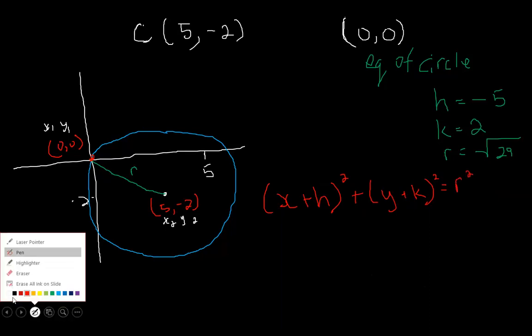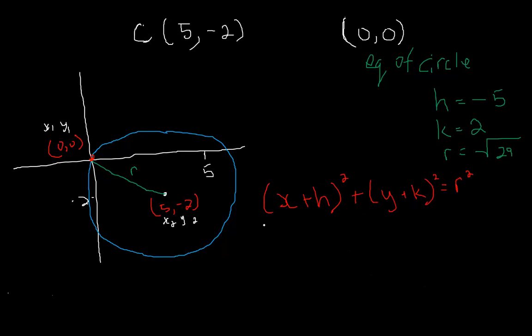Good job. And all we have to do is substitute our values. So we put back the x. H is -5, so we got (x - 5) squared, plus, put back the y. K is 2, so that's (y + 2) squared. R is the square root of 29.